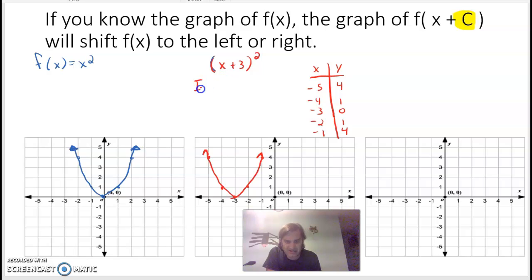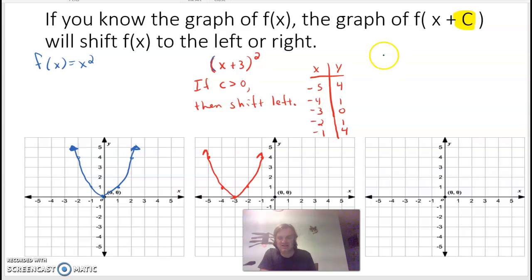So in this case, if c is greater than 0, I knew what I'm doing, but I wrote it down wrong. If it's greater than 0, then shift left. So opposite direction of the sign.